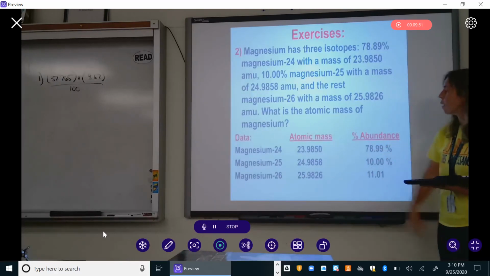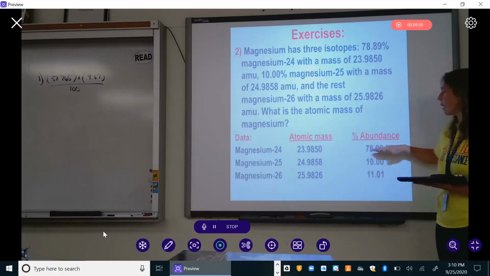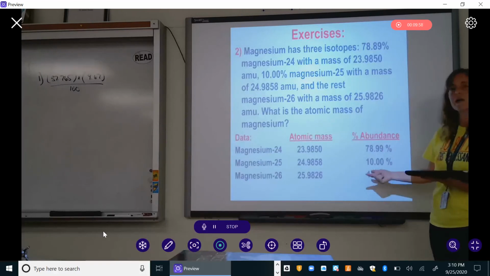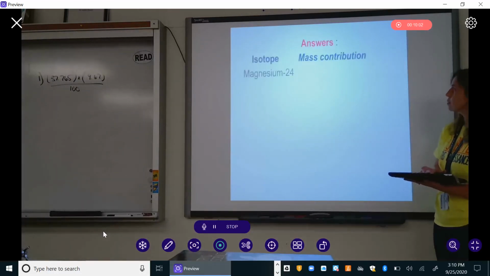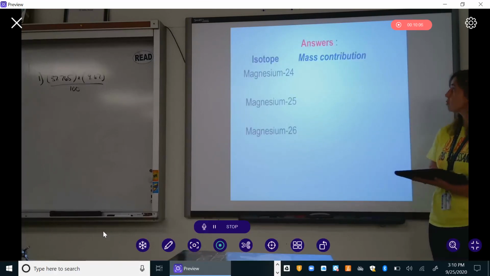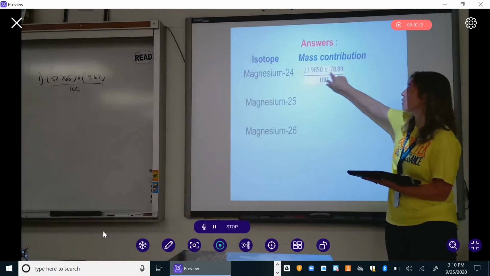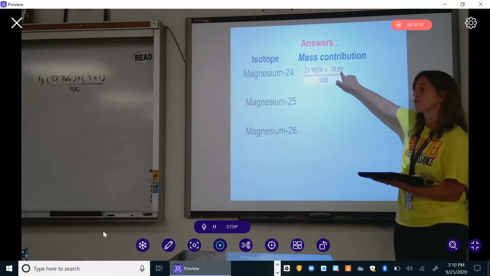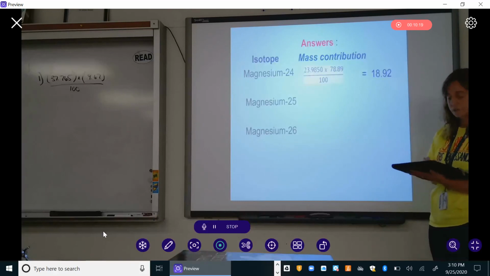So now I'm going to take my atomic masses like I did before, and I'm going to multiply by my percent abundance, divide by 100, okay? So let's just go ahead and try each isotope. So magnesium 24, remember, they gave me the decimal number, so that's what I'm going to use when calculating. 23.9850 times 78.9% divided by 100 is going to give me 18.92.